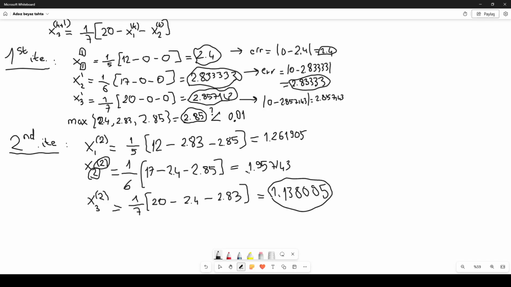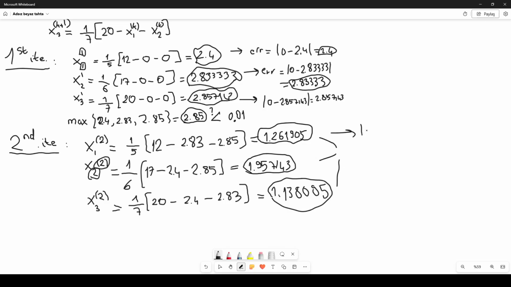So now I obtained the new values of each unknown variable at the end of the second iteration. These would be the actually updated values. So I would update the values of these unknown variables if I proceed to the third iteration. Then what am I going to do here? The same procedure works here. I will look at the errors, right? What is the error, for instance, for the first unknown variable?